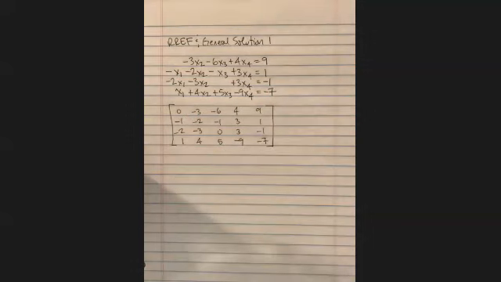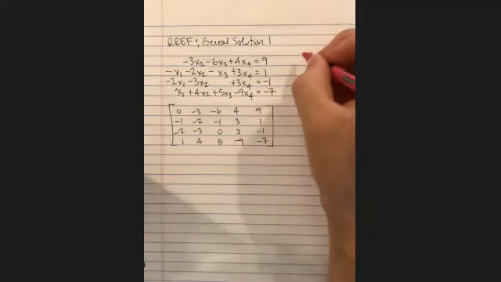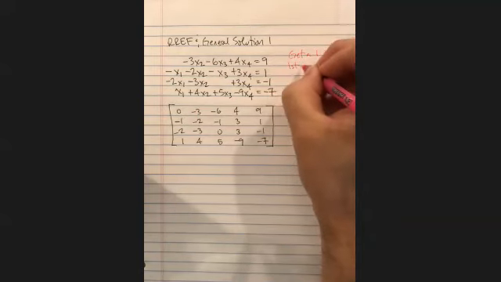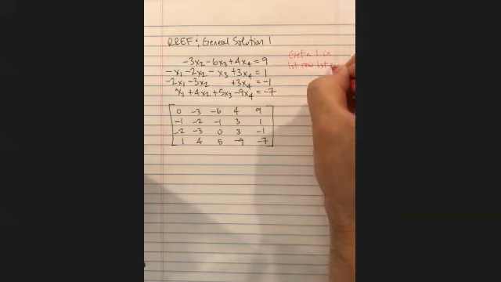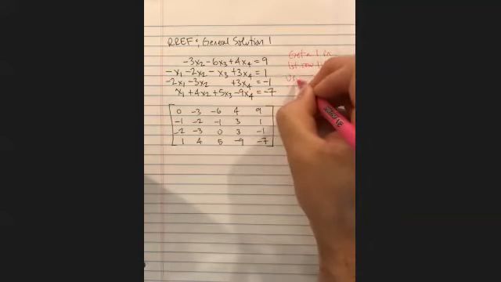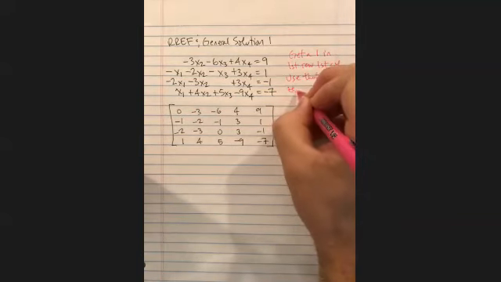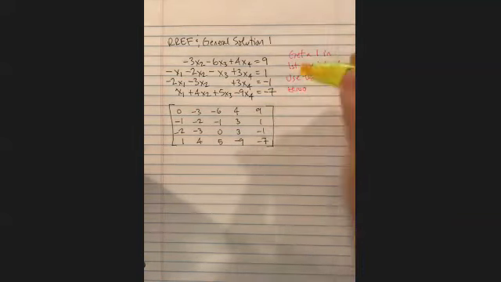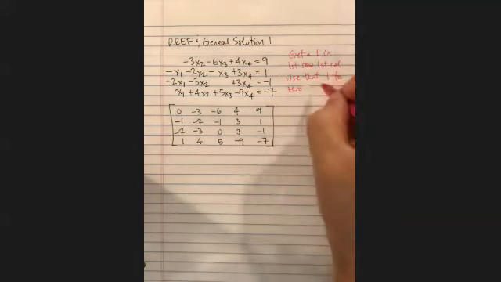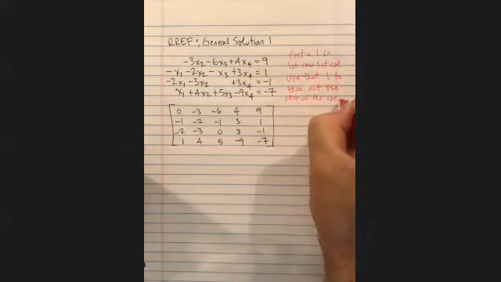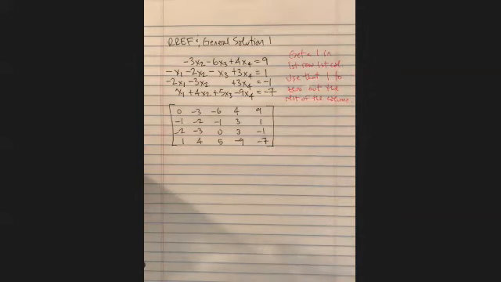So get a 1 in the first row, first column, and then use that 1 to zero out the rest of the column.